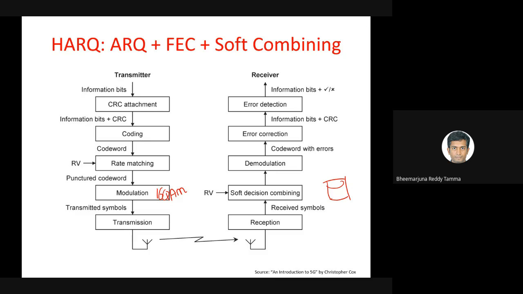And as part of the soft combining, it will try to combine with the retransmitted version. For the sender to retransmit, we have to wait all the way till the CRC check. Only after CRC failure, we send the NACK. Then the sender will retransmit, this time with a different redundancy version.